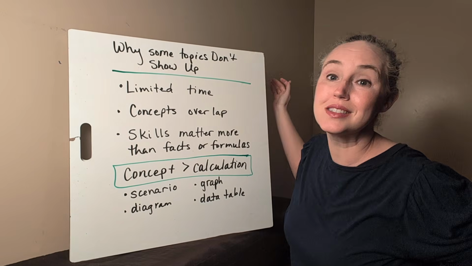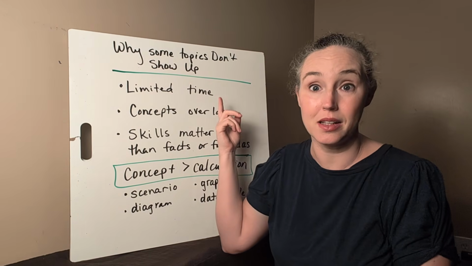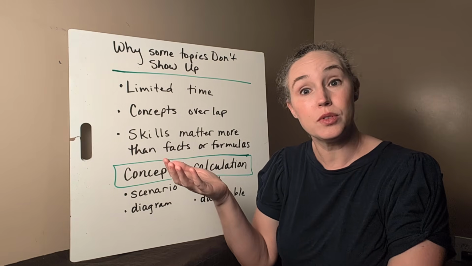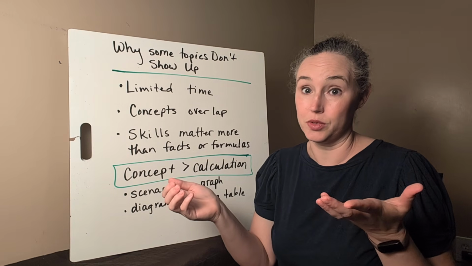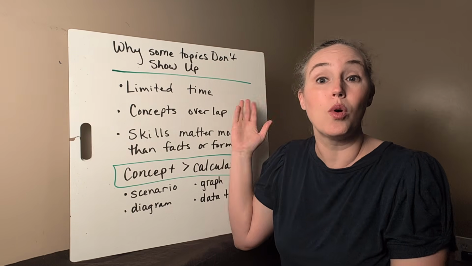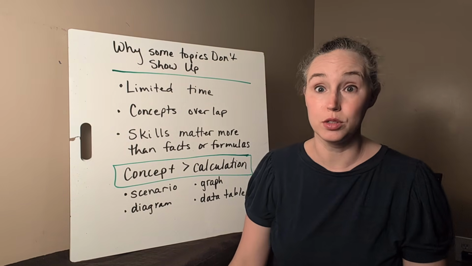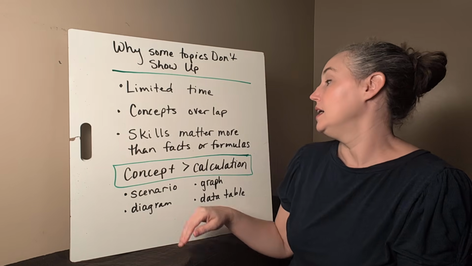So the reason some topics don't show up on the AP exam is there is limited time. 90 minutes for the multiple choice and 90 minutes for the free response. Sometimes concepts will overlap, like genetics and evolution, or evolution and ecology.